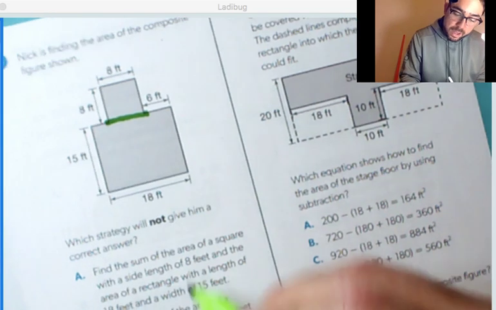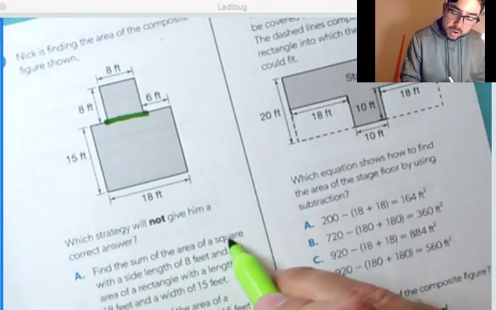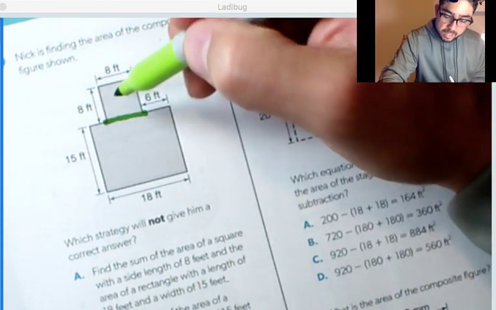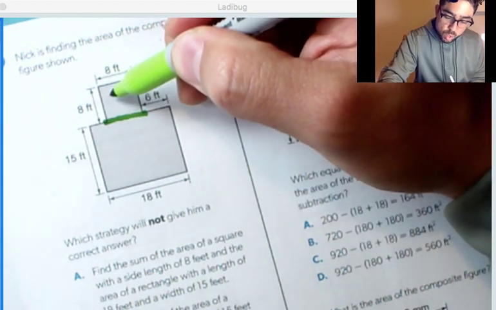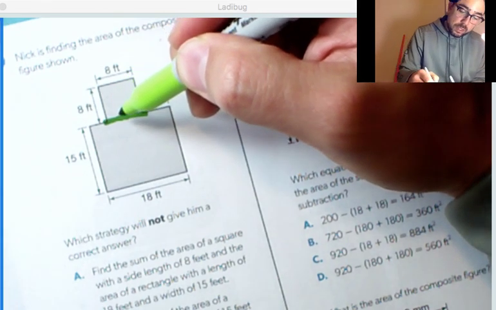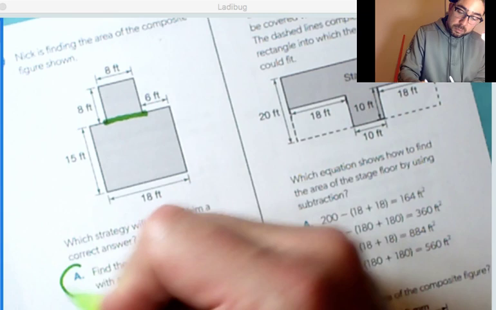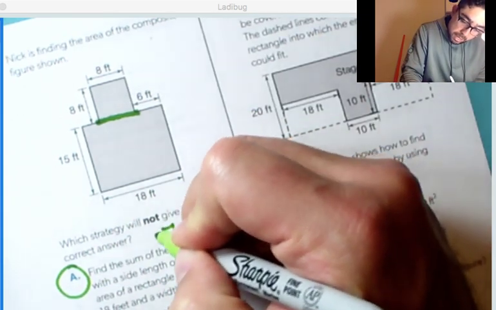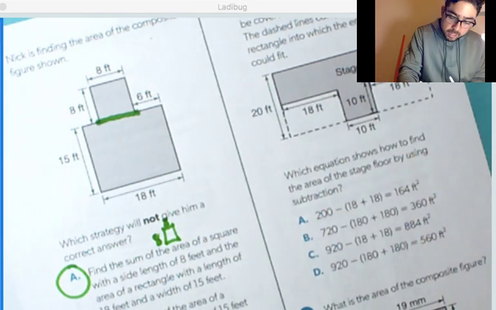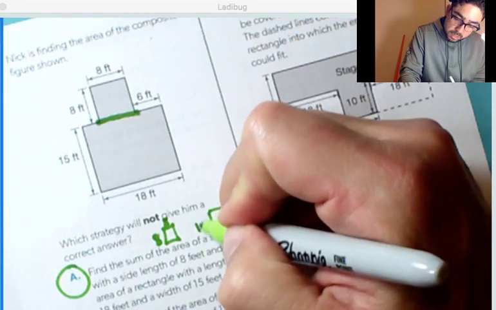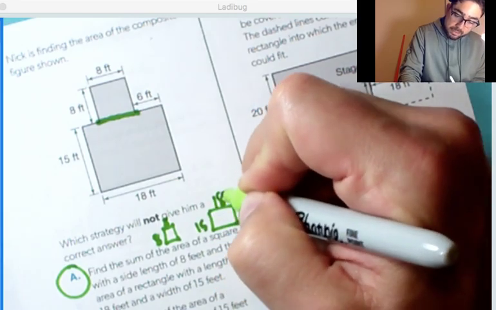So A says to find the sum of the area of a square with the side length of 8 feet and the area of a rectangle with a length of 18 feet and a width of 15 feet. So A sounds good because it says there's a square that's 8 by 8, and then there's a rectangle which is 15 by 18, which we have here.